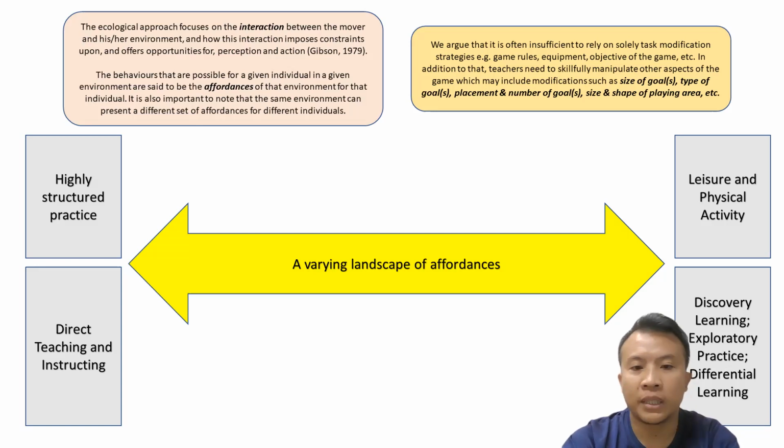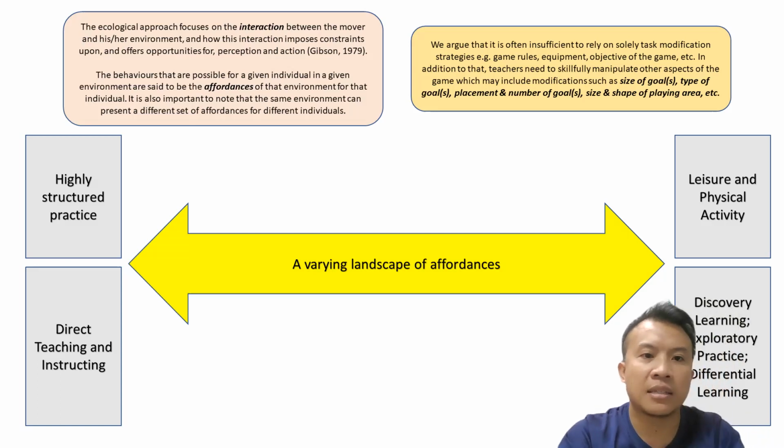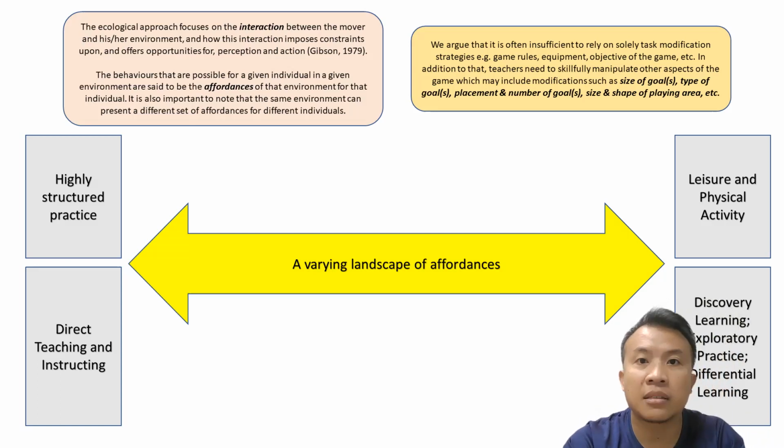Only one or two particular behaviors are possible, and the learning tasks tend to be highly structured kind of practice. We can almost say that these kinds of activities are very drill-like, whereby the movements or tactical behaviors or skill execution per se are prescribed right from the offset.